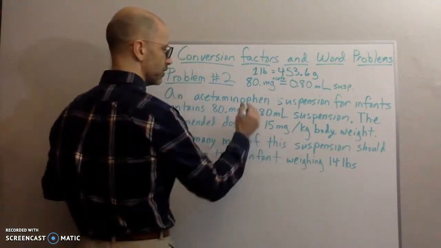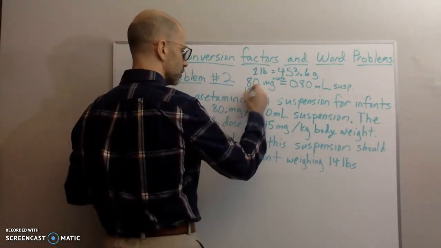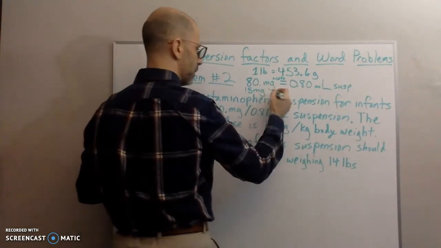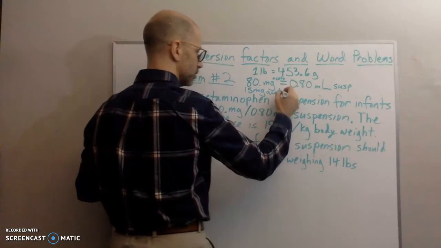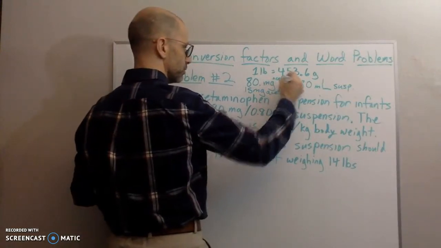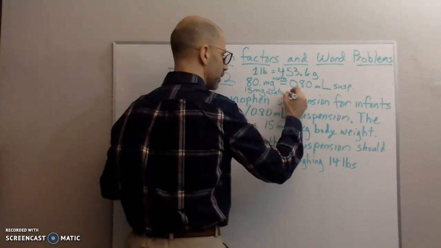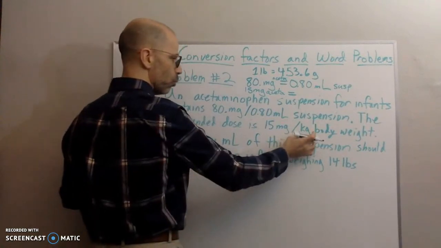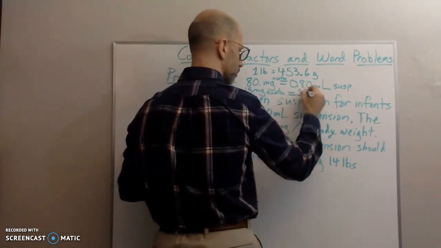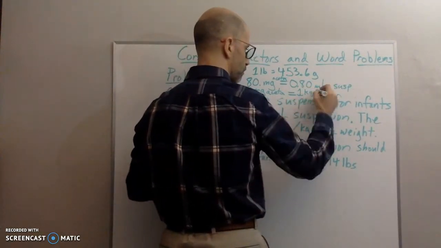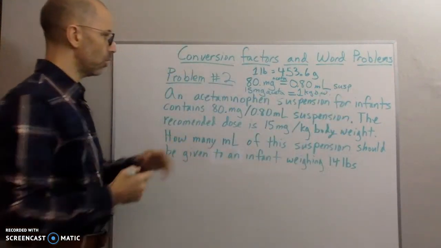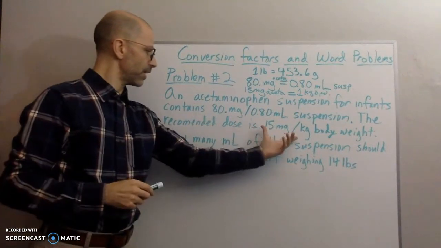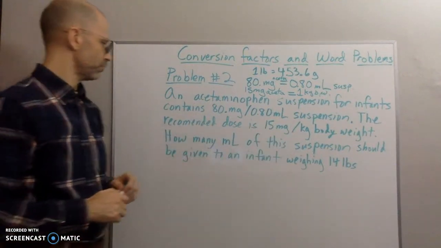So 15 milligrams of the medicine, aceto, or acetaminophen, is going to be equal to 1 kilogram of body weight. Okay, so that is going to be useful. That's going to be a conversion factor.